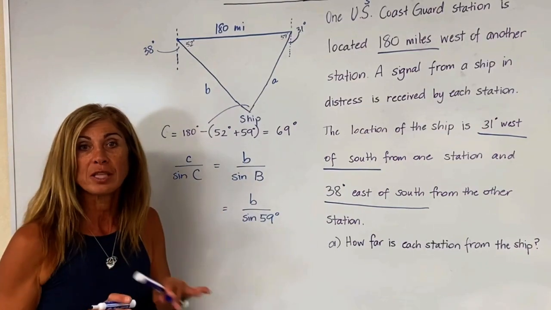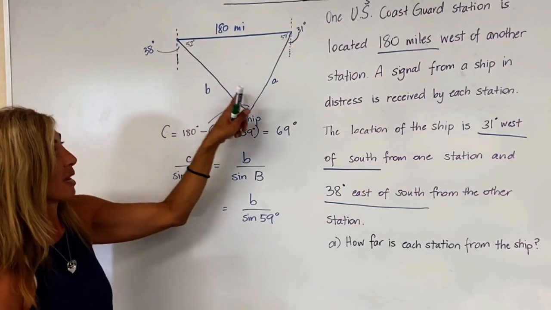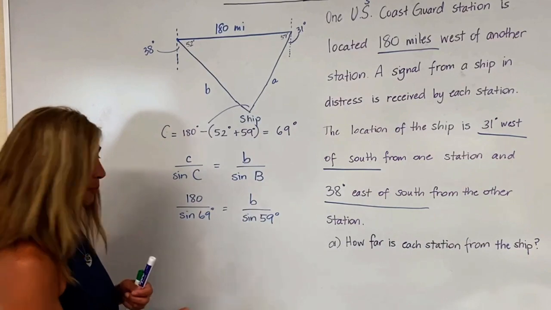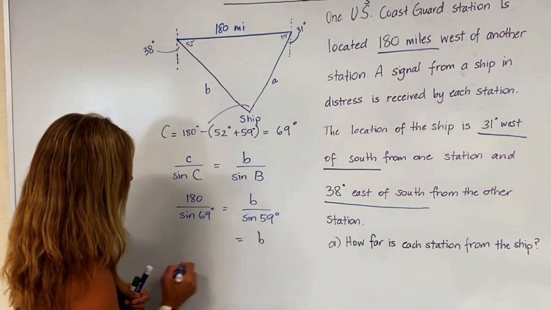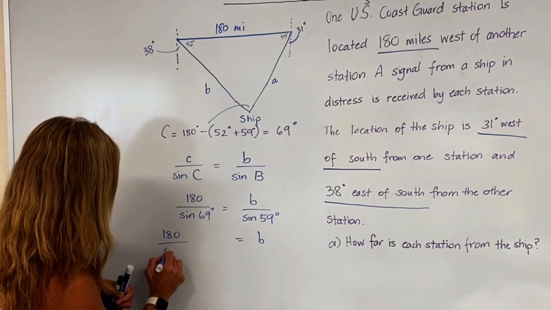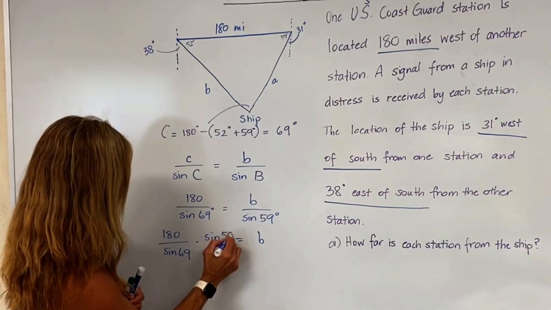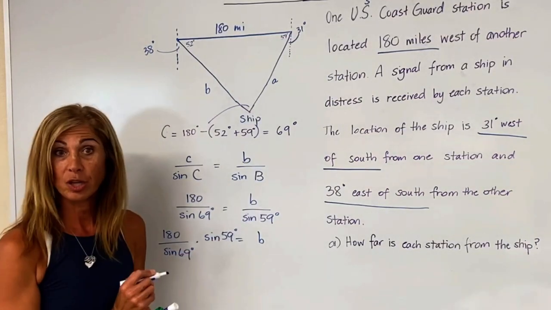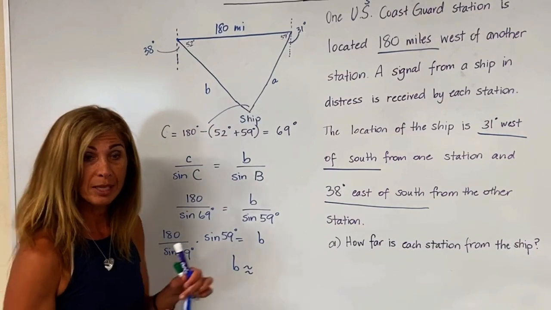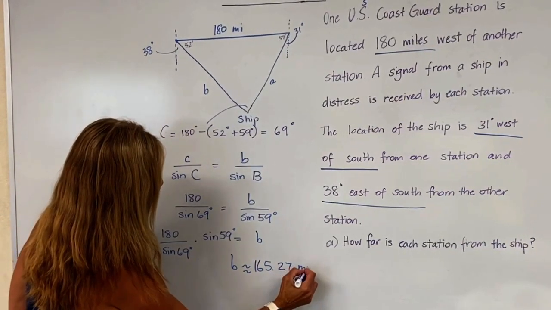So always use the given information, which happens to be the 180 and the angle 69 that we determined. Similarly, as before, we're isolating for B. So we have B equaling 180 divided by sine of 69 times sine of 59 degrees, making sure our calculator is in degrees, and B is approximately 165.27 miles.